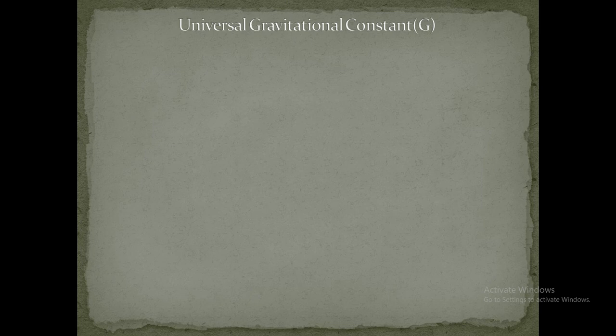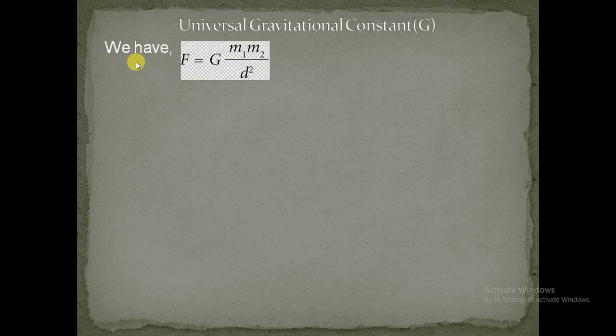Now we have just used the capital G, and we said that it is called the universal gravitational constant. But what is the universal gravitational constant? Before reading the definition, let us look here. We have F is equal to G m1 m2 upon d square.